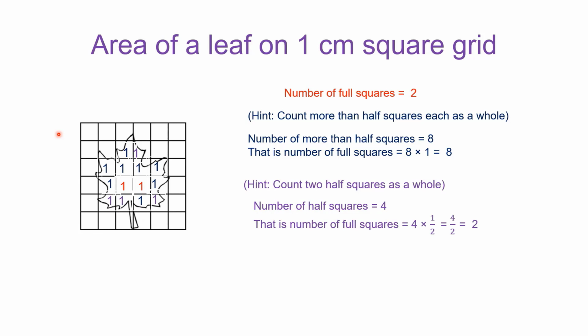That is, number of full squares 4 multiplied by 1 by 2. Now multiply 4 by 1, that is 4 divided by 2. It equals 2. Ignore less than half squares. Ignore the stem of the leaf.